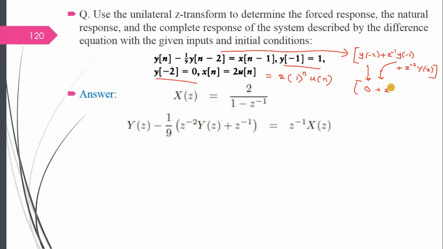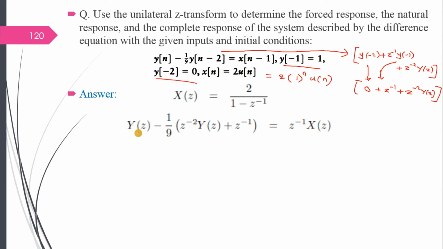So only z inverse remains, plus z raised to minus 2 Y of z. The same thing I have written here. Here x of n minus 1 can be written with x of minus 1, but x of minus 1 does not exist because here it is u of n, so it is 0, leave it. What is left? Z inverse x of z.